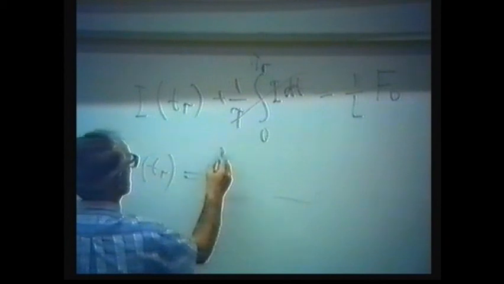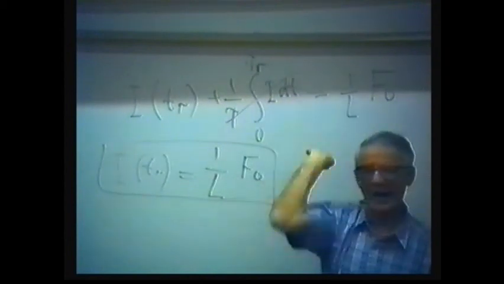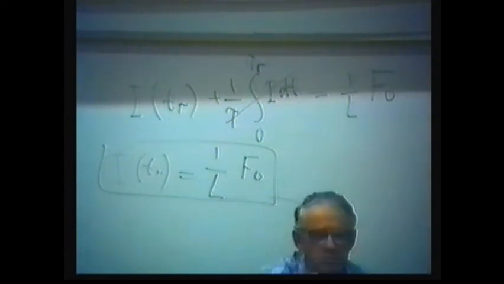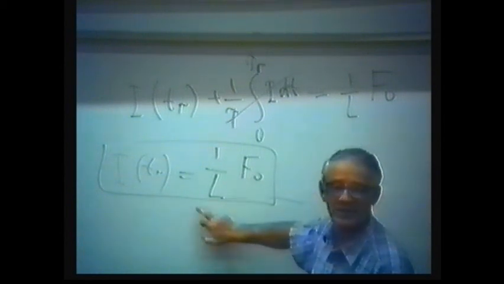So this term is equal 0. It's equal unit divide L F naught. So we found at the end of any ramp time, as soon as it's small, current equal primary flux divide inductance.